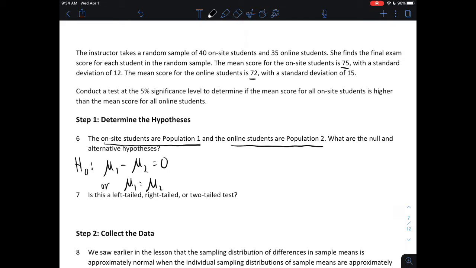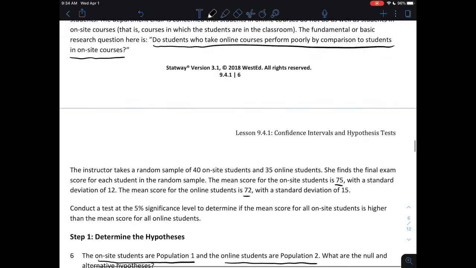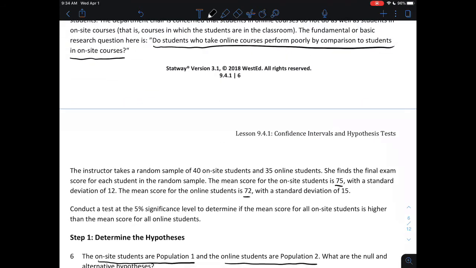For the alternative hypothesis, remember that the question was, do the students who take online courses perform poorly by comparison? Poorly would mean they have a lower score. Online less than on-site.